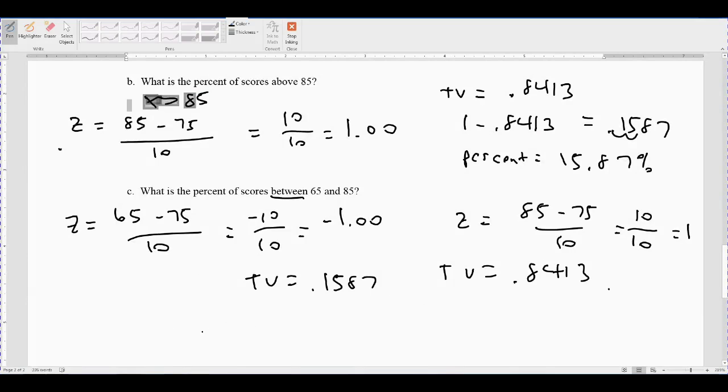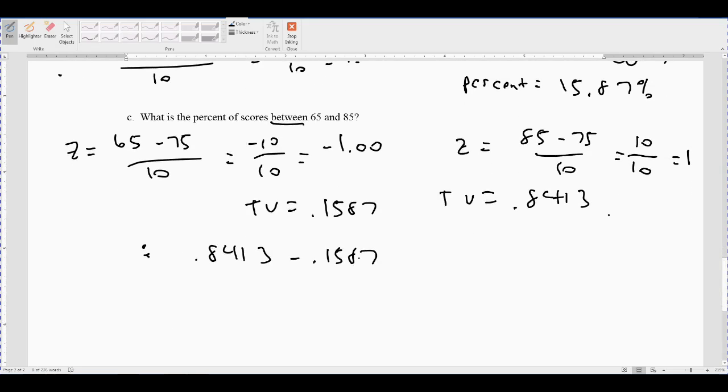We subtract bigger minus the smaller. So we just call it area.